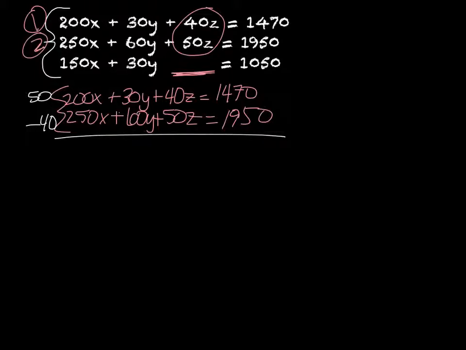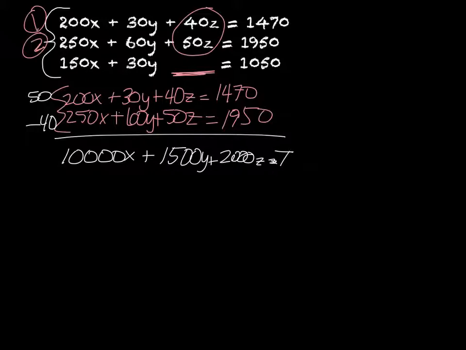So that's going to give me 50 times 200, which is 10,000 x, plus 50 times 30 is 1,500 y, and the z's are going to cancel out, plus 2,000 z. And if we multiply 50 times 1,470, we get 73,500.